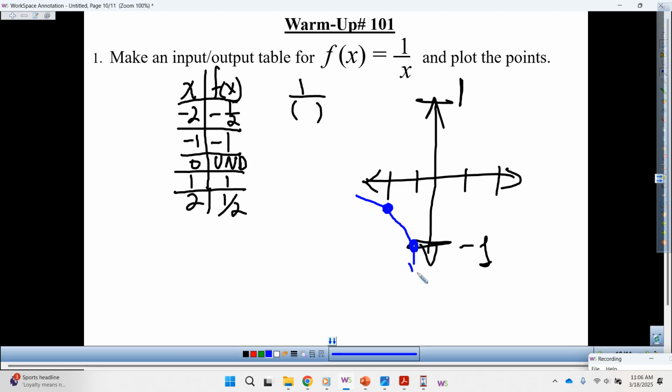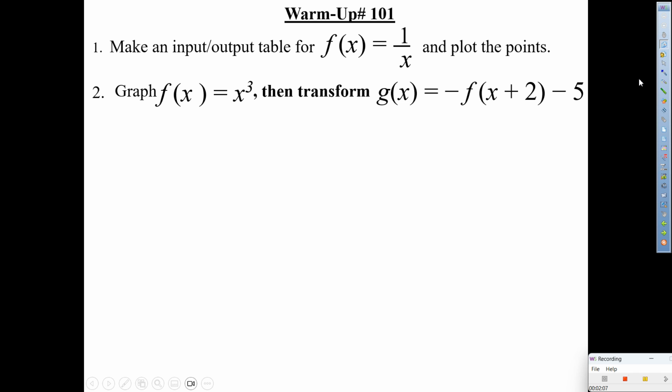And I said to make a little curve like so. On this side, we got 1, 1, and 2, 1/2. And again, another little curve like so. And once again, I'm giving you a soft intro. This is the next function we're going to be looking at, known as rational functions. Rational functions. All right, let's go to number 2.